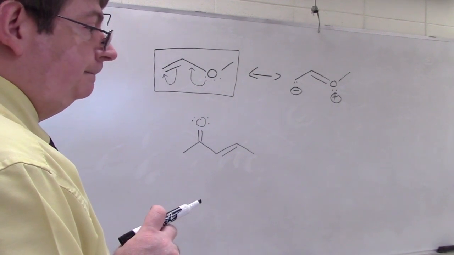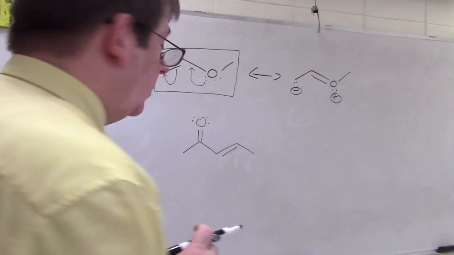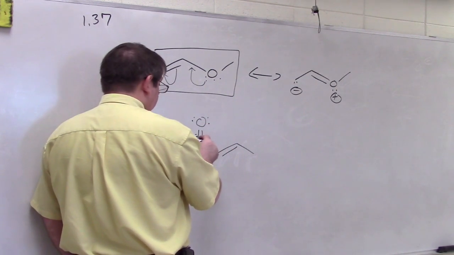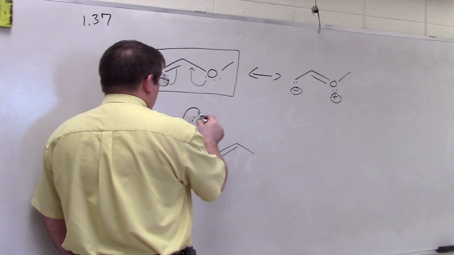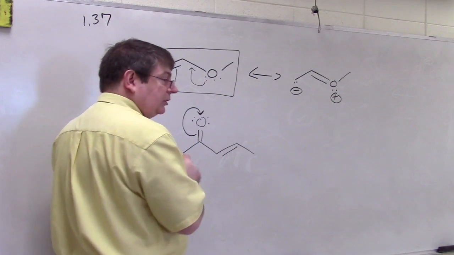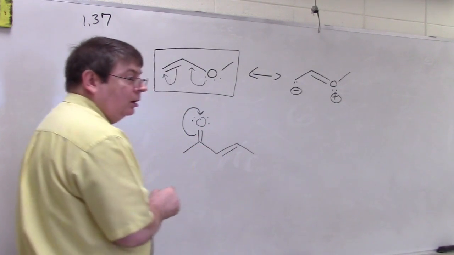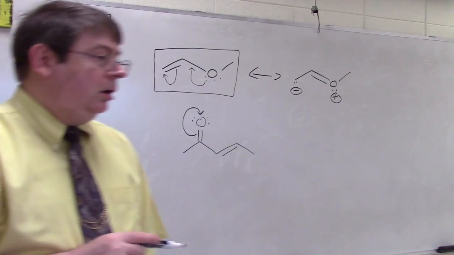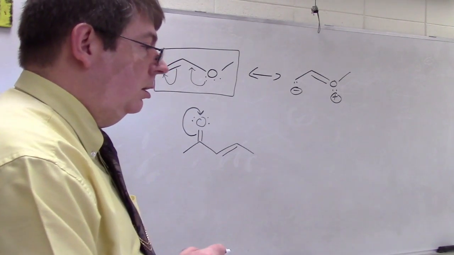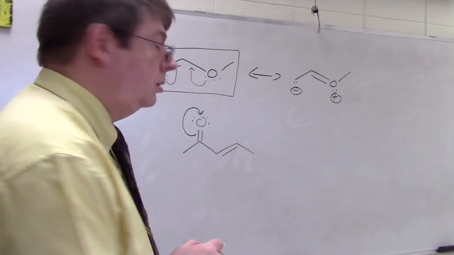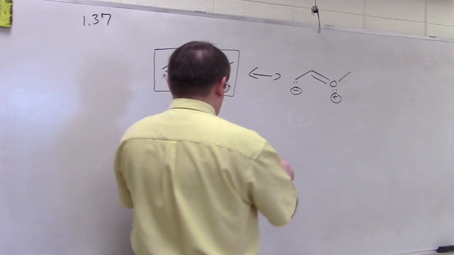Which double bond? The carbon-oxygen pi bond, I can move that up to oxygen and then create another lone pair. Okay, so why push it that way? Why can't I push it down to the carbon? Because it's already bonded to the 3 other things.